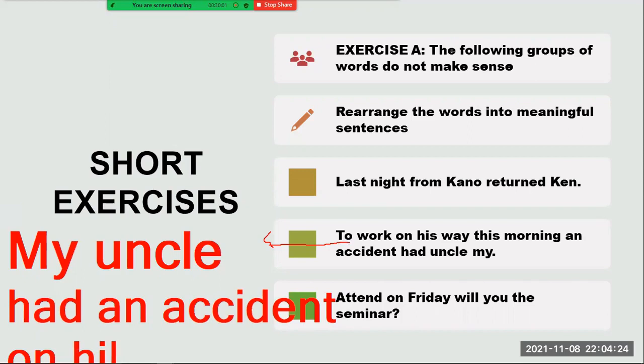On his way to work this morning. All right, so you can see exactly how we reconstruct this sentence. My uncle had an accident on his way to work this morning.